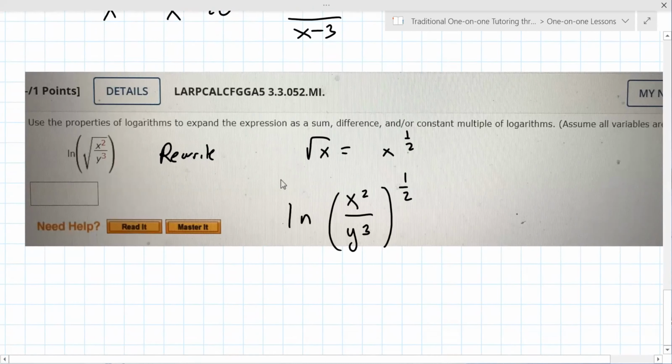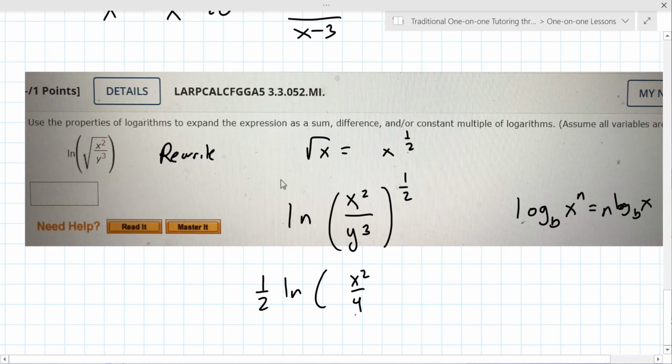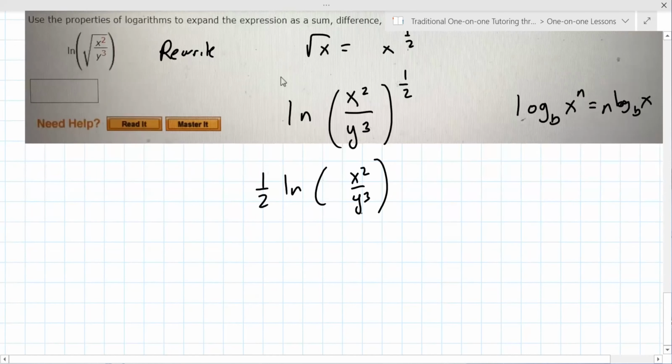And then we're going to use the exponent property of logarithms. So if I give you log base b of x to the n, this n can come out in front: n log base b of x. So that 1/2 comes out in front, 1/2 natural log of x squared over y cubed. And then the next property here is that a quotient or division becomes subtraction.